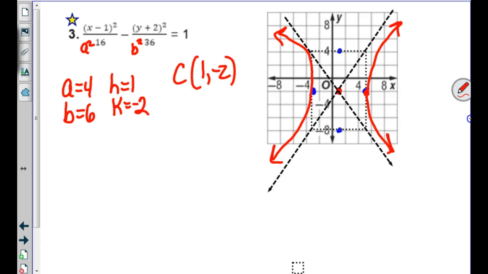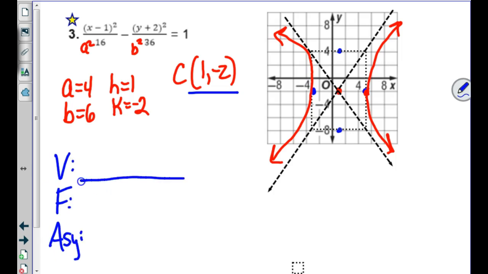All right, so the blanks on the quiz will say center, we already did, and then it'll say vertices, foci, and asymptotes for this one. So what's the recipe for vertices, when it's opening left and right?